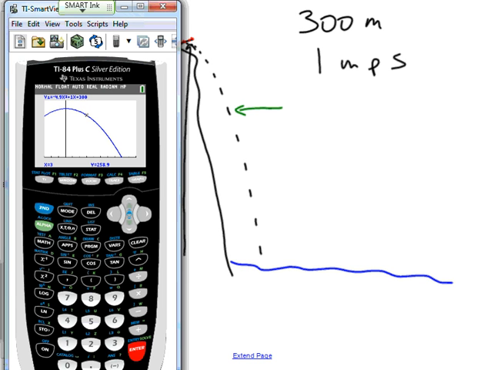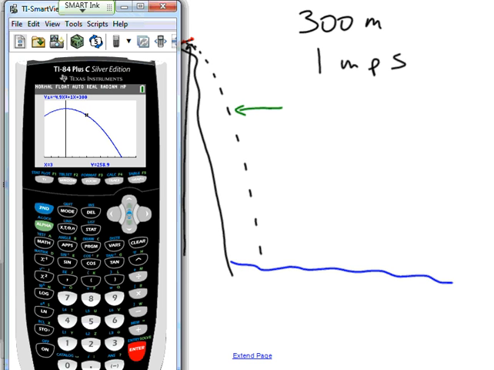One is, at what time did the log get to 100 meters off of the ocean? At what time was it 100 meters off of the ocean?